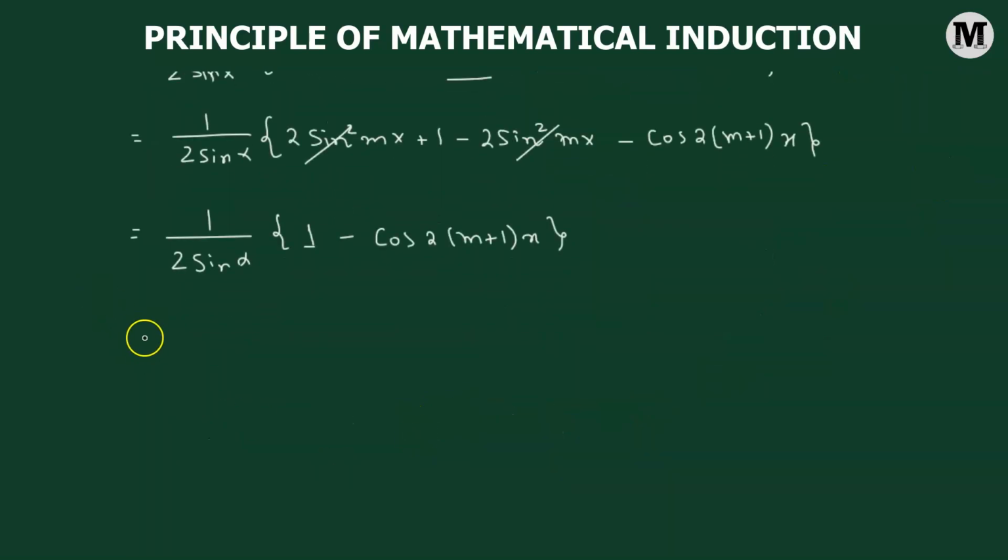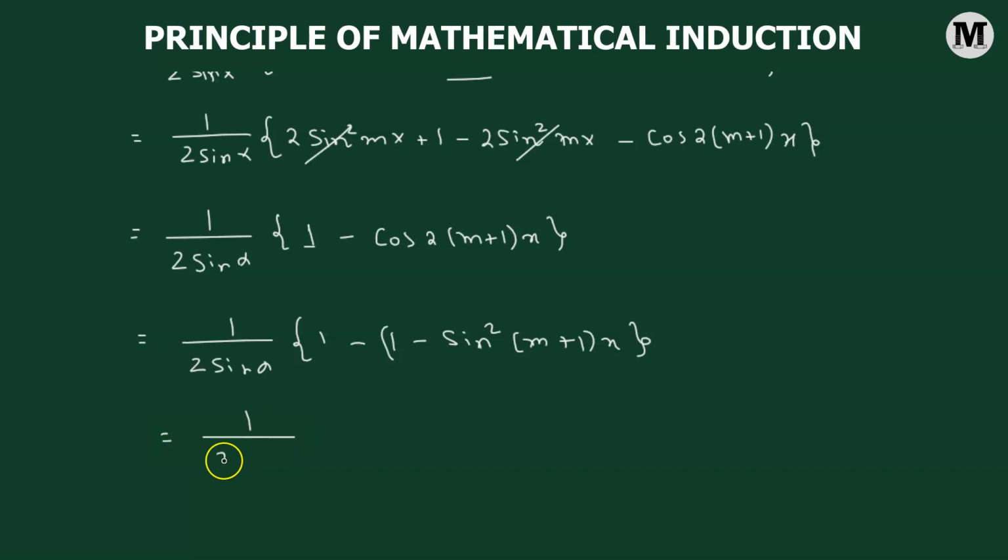So we have 1 over 2 times sine x, our first term remains as 1 minus, now we have 1 minus sine squared of (m plus 1) times x.